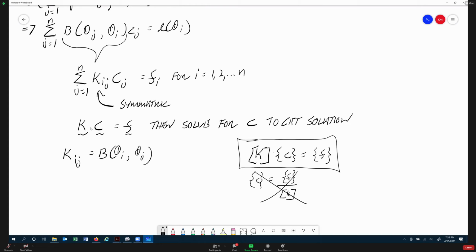So that is the crux of why the finite element solution takes forever to solve, because of exactly that problem right there. You have to solve for C, and to do it, you've got to invert K.